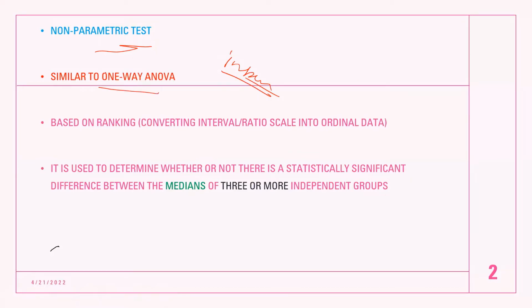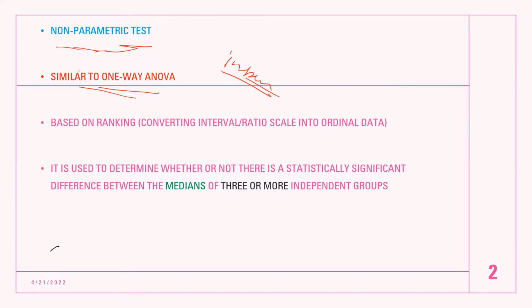But in the case of a non-parametric test, in the sense when one of your variables is not normally distributed, researchers usually go for the non-parametric test. So the concept of the Kruskal-Wallis test is more or less similar to one-way ANOVA.